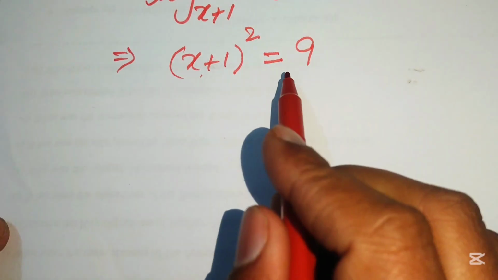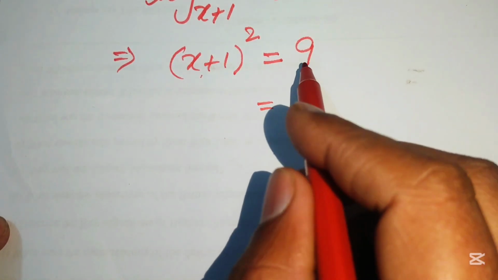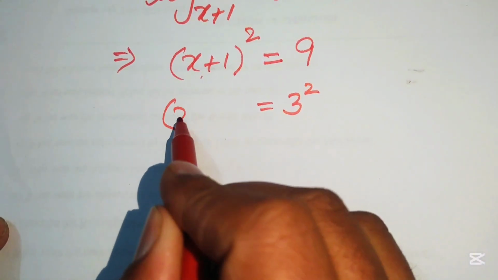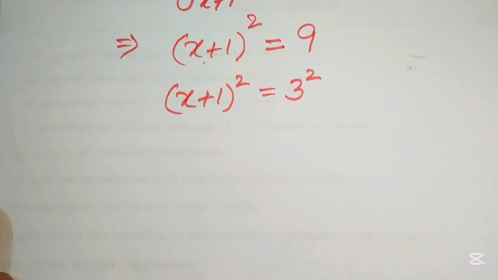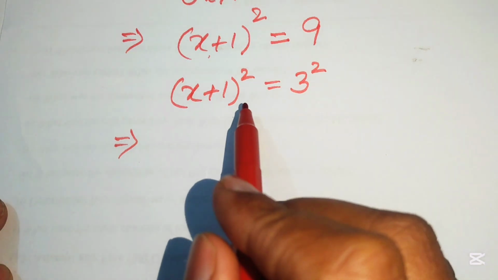In the right hand side we have 9, so we write this 9 as 3 squared, and in the left hand side we have x plus 1 whole squared. Here we need to take the square root on both of the sides.